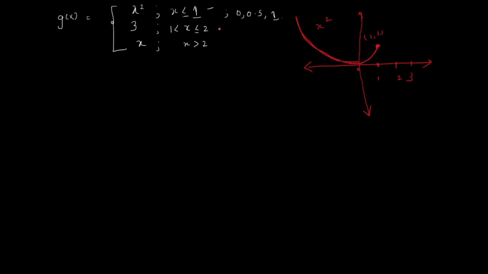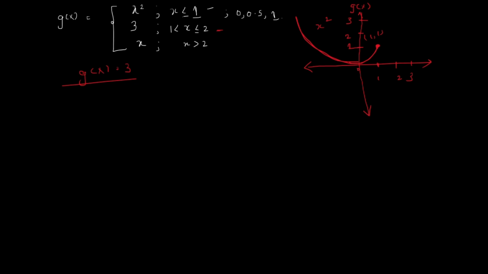Now let's go to the second. The second is g of x equals 3. This is a simple line, a single line parallel to the x-axis starting at 3. Where g of x is 3, here 2 is here, 1 is here.